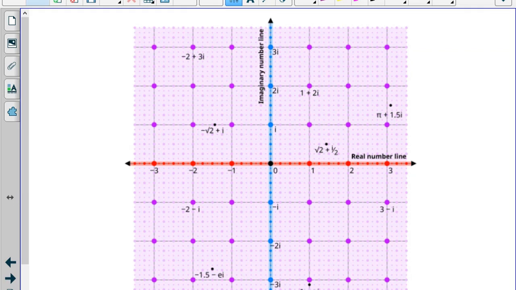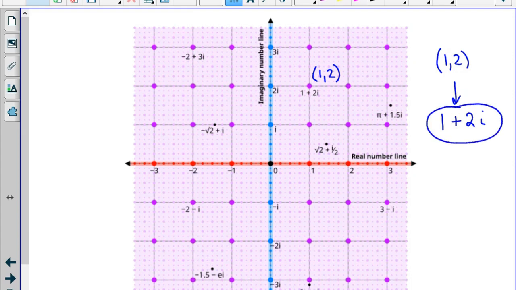So, for example, if I wanted to look at the point 1 comma 2, the visual point 1 comma 2 can be written as the complex number 1 plus 2i. And if I wanted to put a visual value on the complex number 1 plus 2i, I would write a point at 1 comma 2.